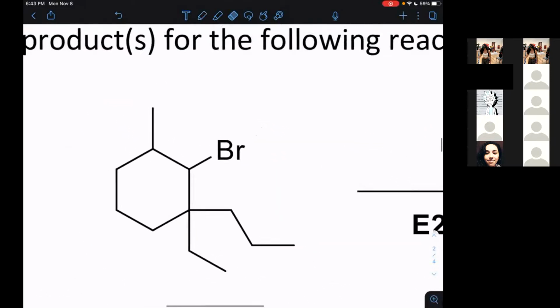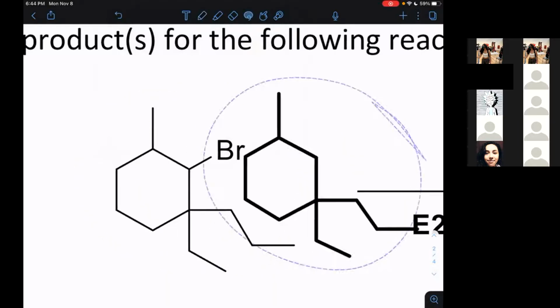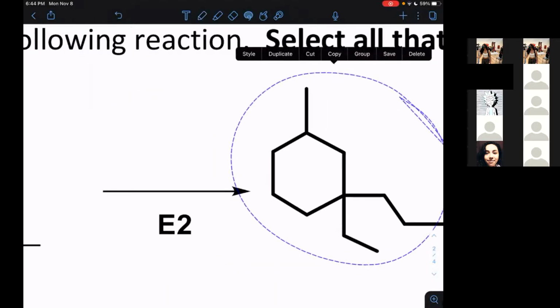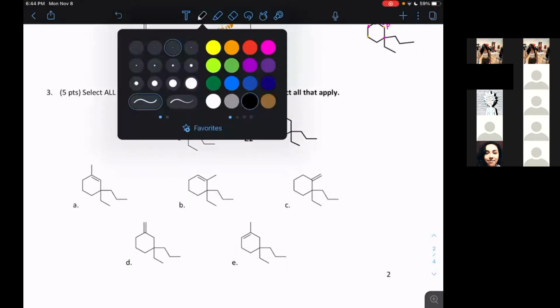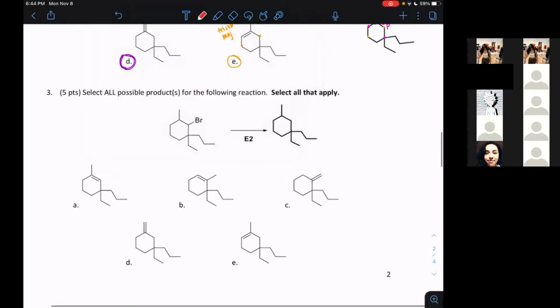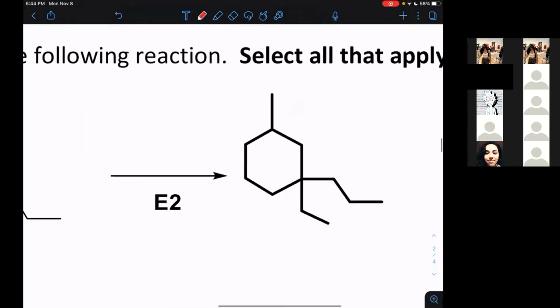So okay, if we're doing this for E2. For this one, we're automatically gonna label this one as our alpha when it comes up.